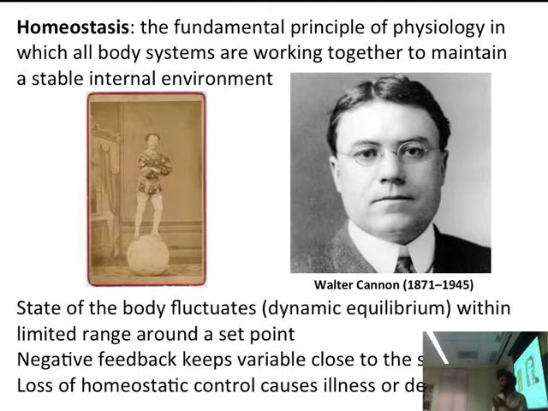It's maintaining a stable value around some sort of set point. There are all kinds of feedback control mechanisms, negative feedback, positive feedback, that keeps whatever variable is being controlled by homeostasis close to this set point.